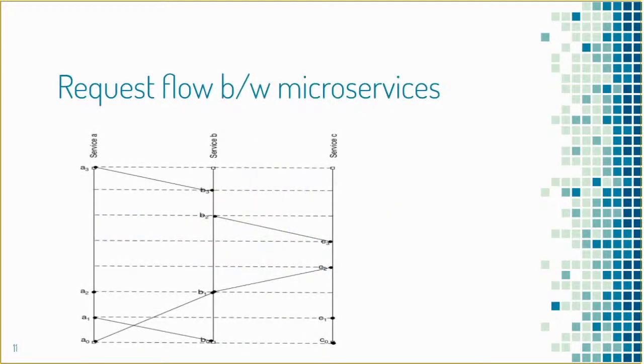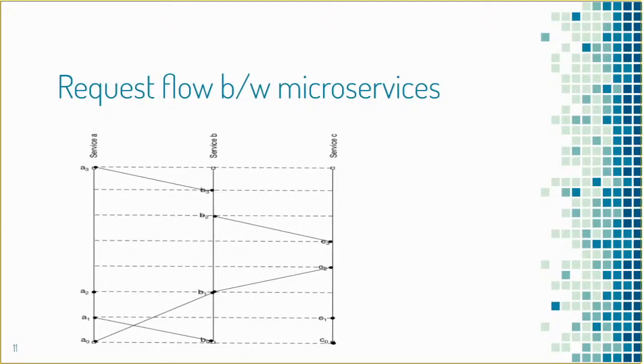So as you can see now here, the flow of request is not linear. It's flowing between the multiple microservices. There are services A, B, and C, and there are multiple requests flowing.